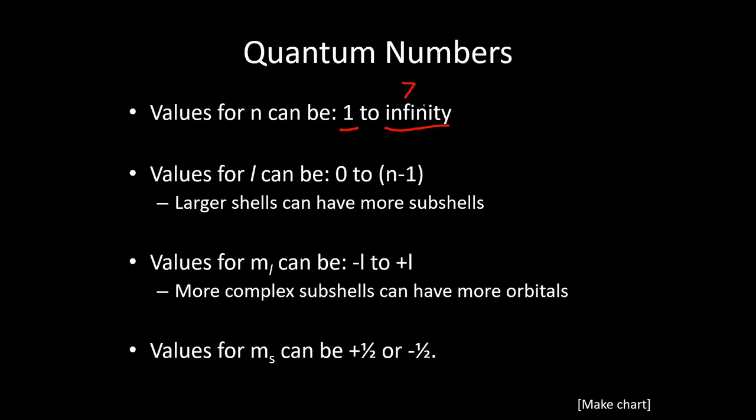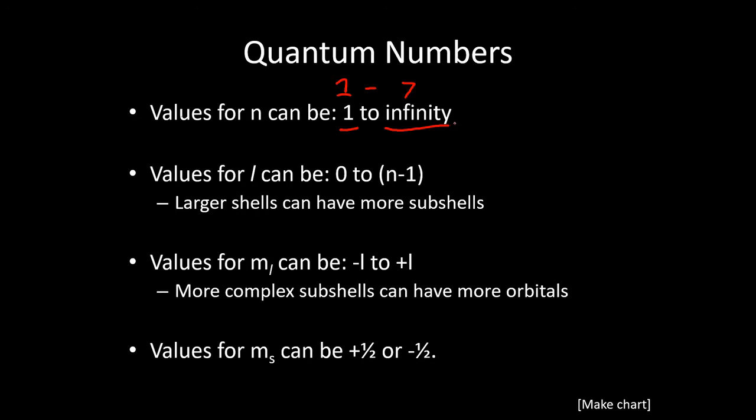Theoretically speaking, it could go up to infinity, but realistically, we're never going to see anything higher than 7. So it's going to go from 1 to 7. It cannot be 0. The lowest value it can be is 1, and it can go up to 7. So that's the first quantum number, the principal quantum number. It can be any of those values.